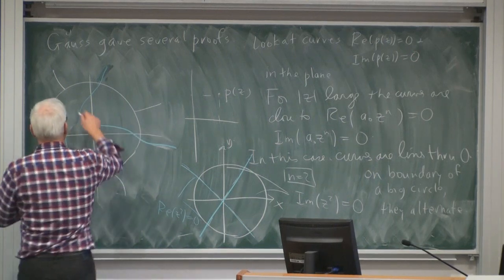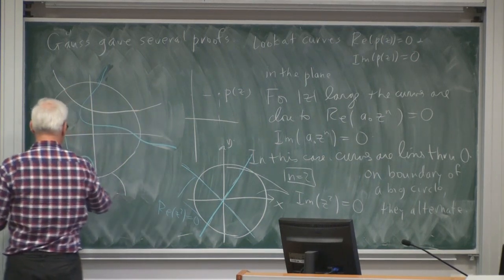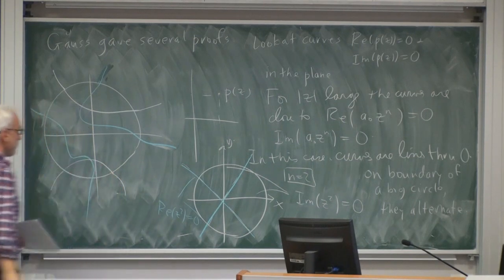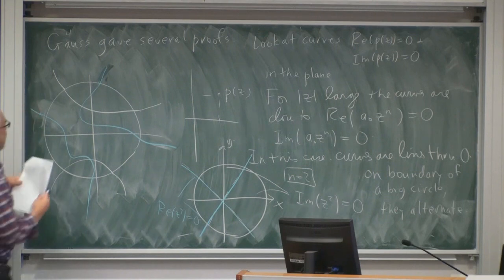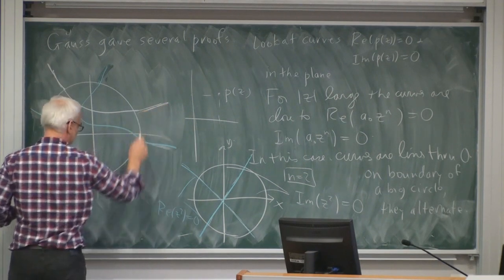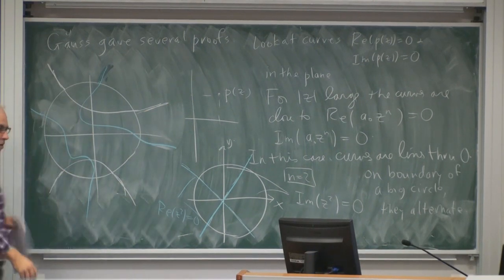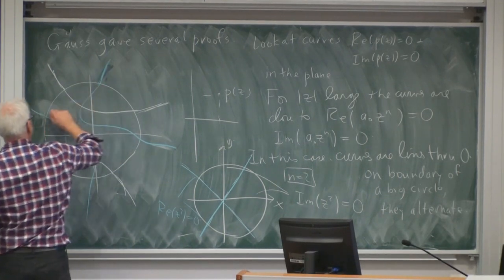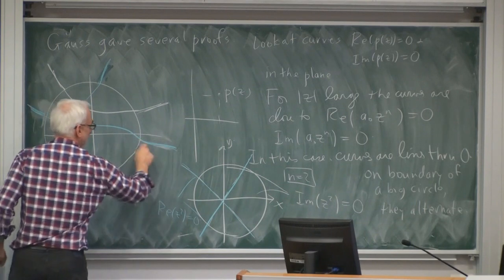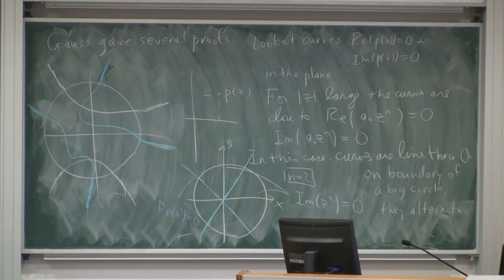Maybe the white ones look like this. So far away, when you're looking at these curves, you see pretty well straight lines: four white ones in the case n equals 2, and four blue ones in the case n equals 2. And they alternate going around.